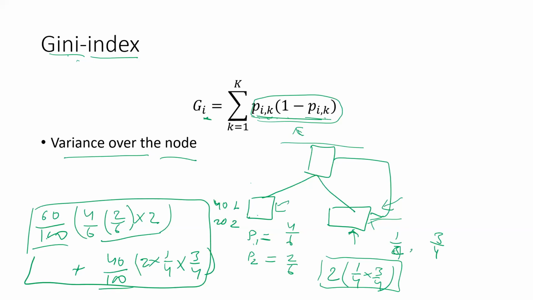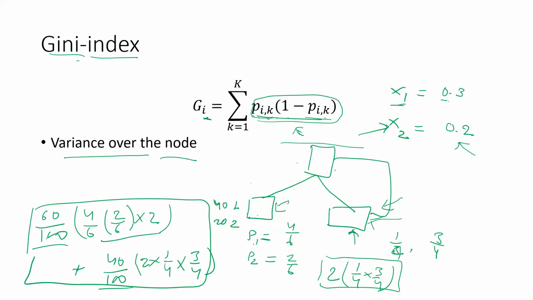Let's say for two variables x1 and x2, if you split your data set according to x1, the Gini index after the split comes out to be 0.3. And if you split the data set according to x2, your Gini index is 0.2. So which one will you prefer to split your data set? X2, because it is the minimum.